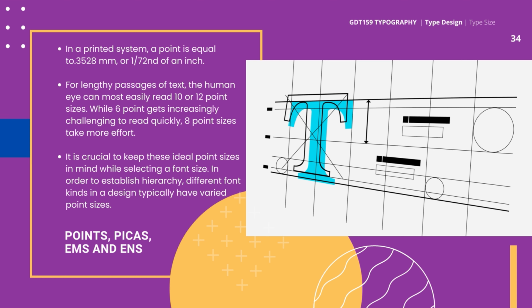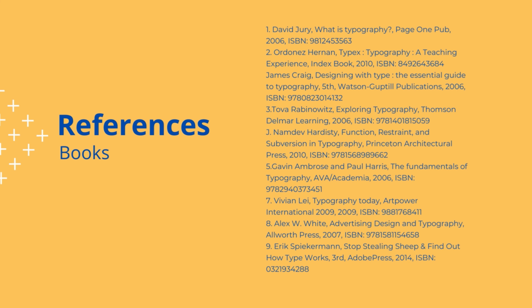It is crucial to keep these ideal point sizes in mind while selecting a font size in order to establish hierarchy. Different font kinds in a design typically have varied point sizes. Examples of type measurement are points, picas, ems, and ens.